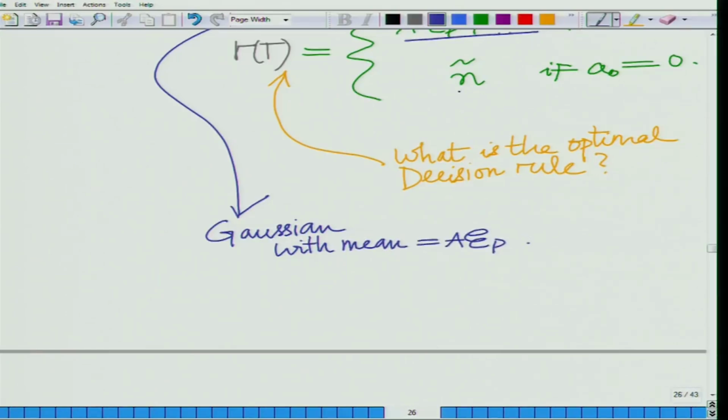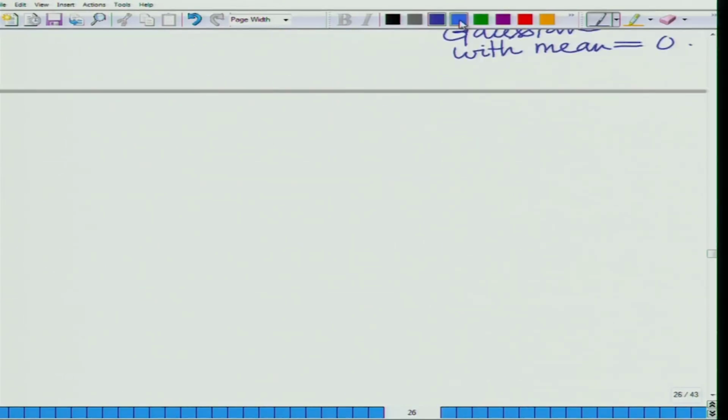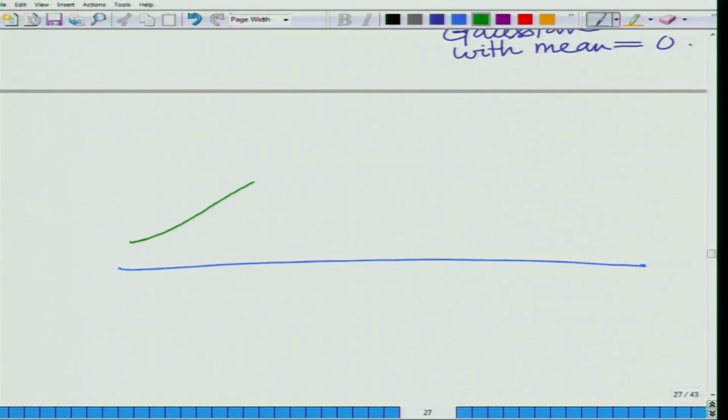However, in the other, R(T) is simply n tilde, which means it is Gaussian with mean equal to 0. The variance is the same in both cases. So, this is not shifted to minus A and plus A, but is something very different. It is still two Gaussians.